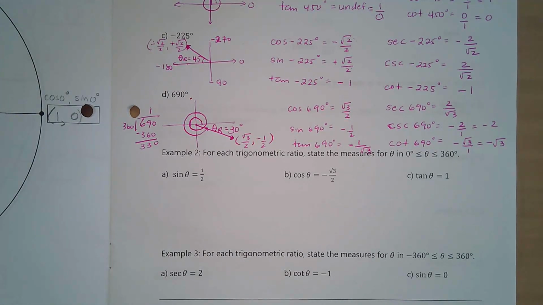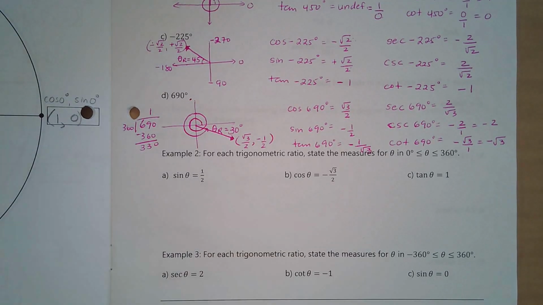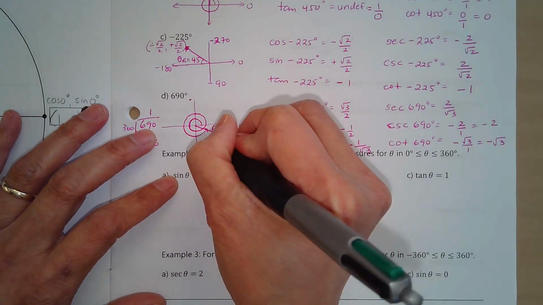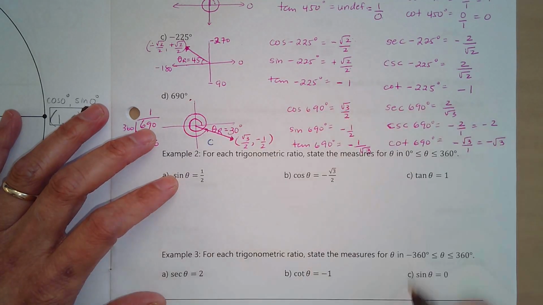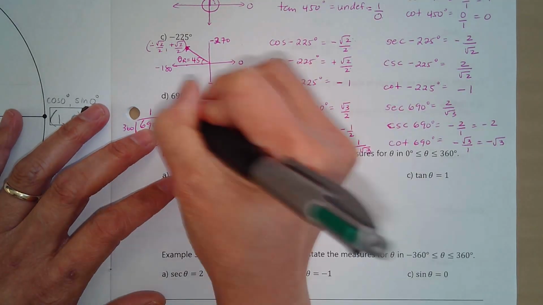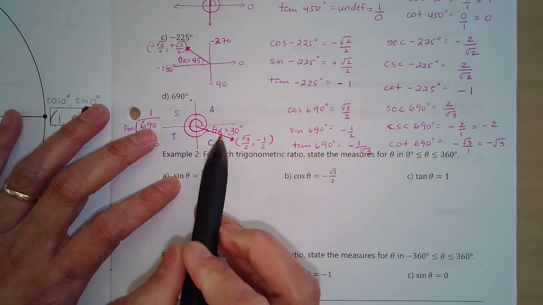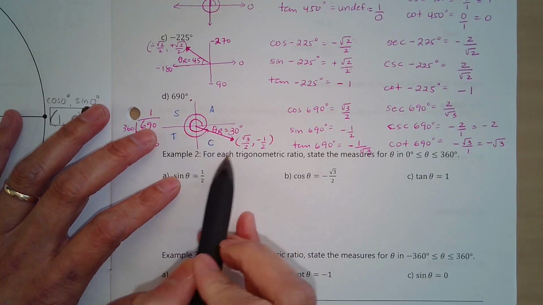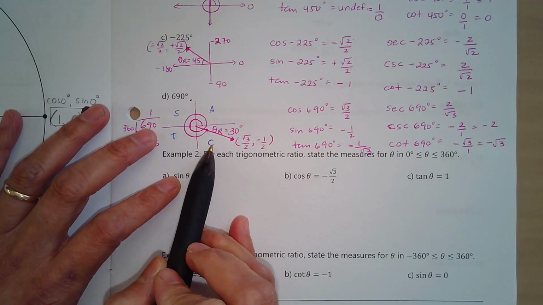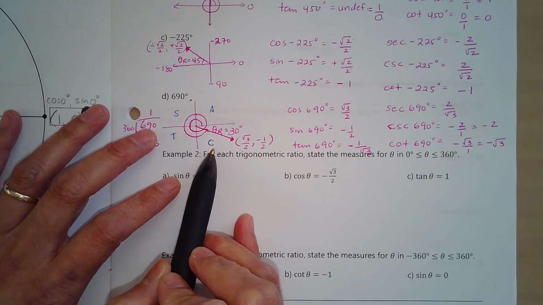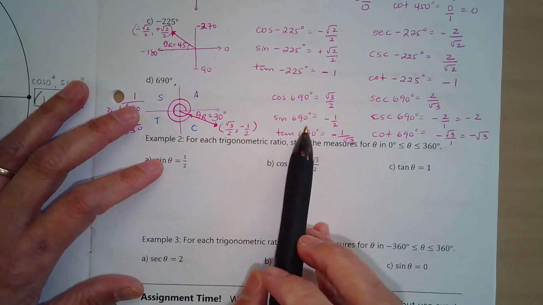Now, yesterday we talked about the CAST rule, right? Let's just see if it actually fits in our CAST rule. The CAST rule says here, over here in quadrant 4, only the cosine is positive.